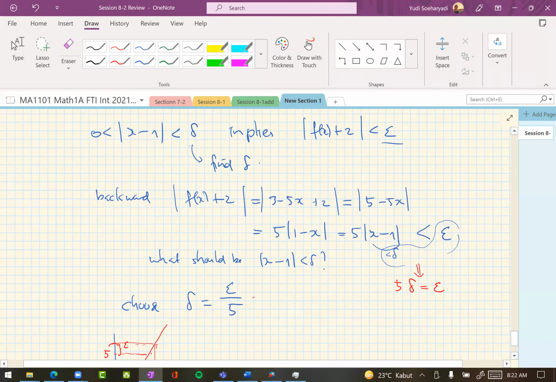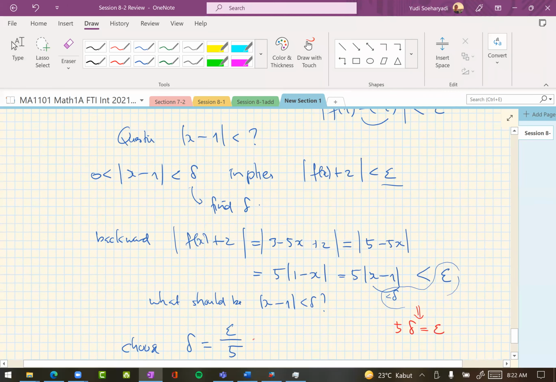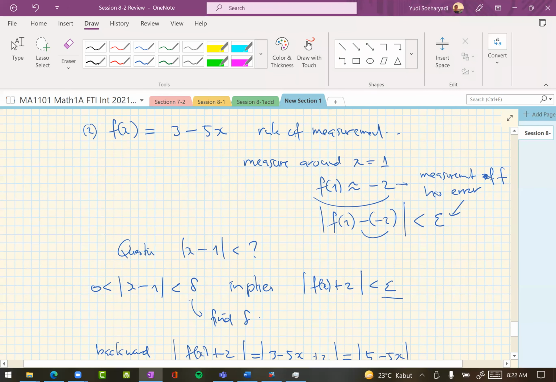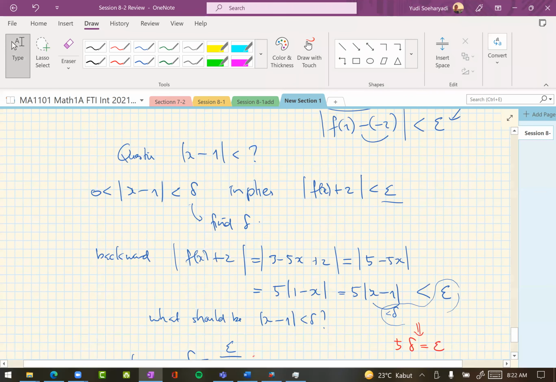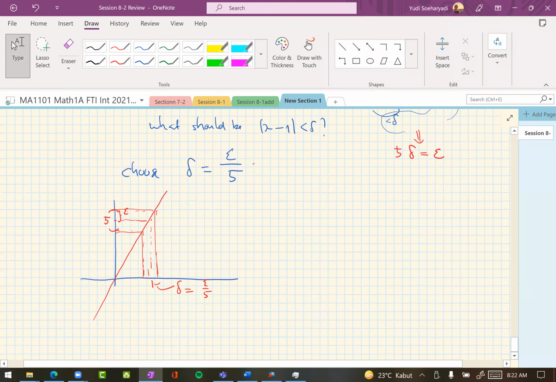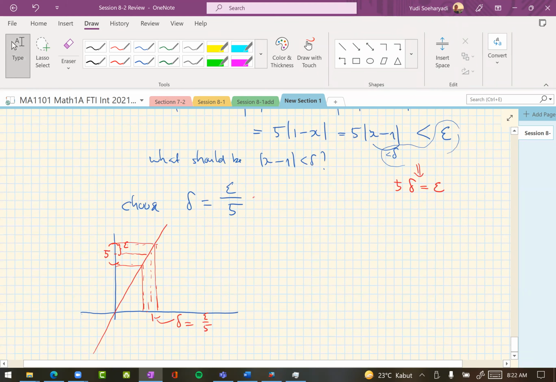So this is linear, or square root, where you will have the same delta as epsilon. Questions for this example? For linear things, this 5 comes from the slope.